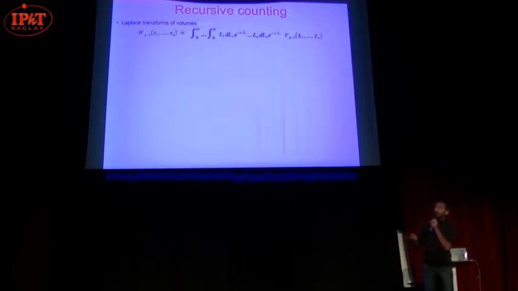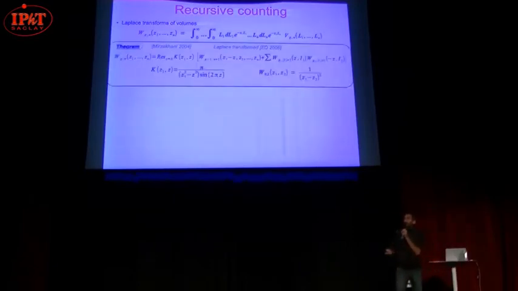So we just Laplace transform the volumes by multiplying by e to the minus z L and integrating from 0 to infinity. And now that's a function which I call W_{g,n}, it's not an accident, of z1, ..., zn, which are the Laplace transform variables. And so the recursion formula Mirzakhani found in 2004, written in Laplace transform, which we did with my student Orantin in 2006, takes that form.